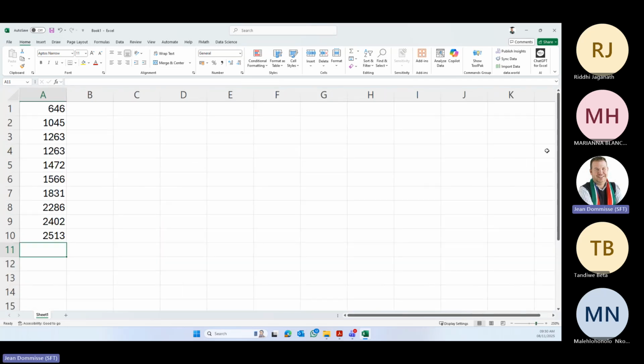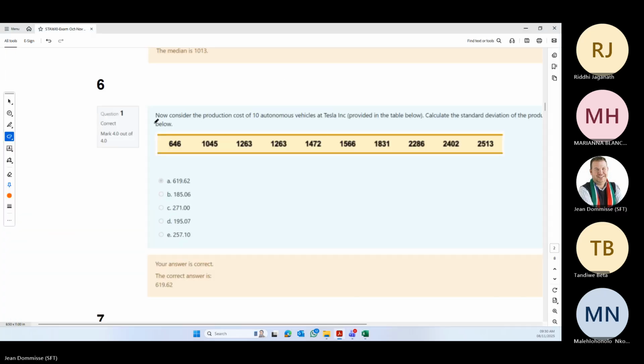Okay, so we have our 10 numbers. Then built into Excel is your variance and standard deviation. Okay, so let's just first, they say there's the 10 cars.